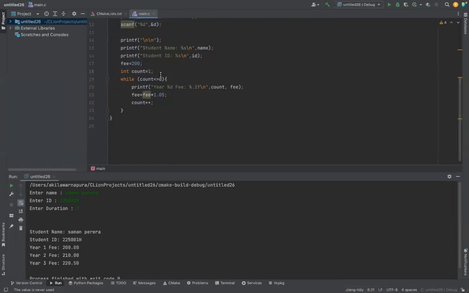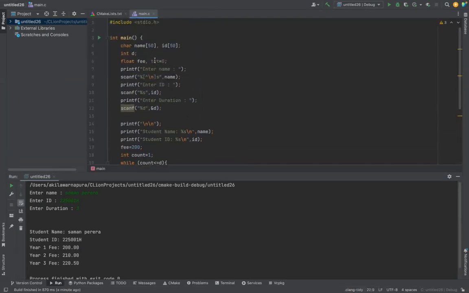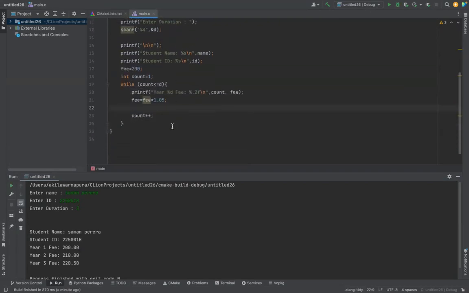Then what you have to do is, once you use the count plus plus or whatever, you have to add the existing fee to this total. That means you can take total equals existing total plus fee.